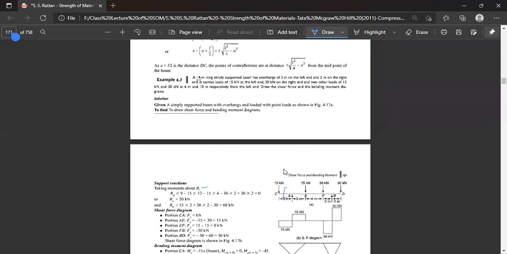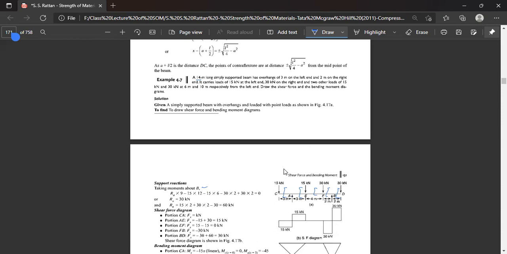We take sections somewhere here, here, here, as well as here and here. The distance of the section from one end will be x in length.